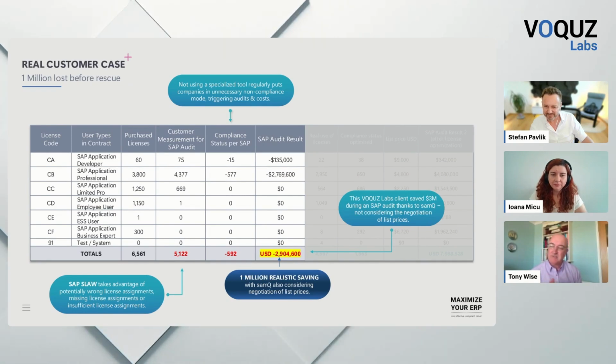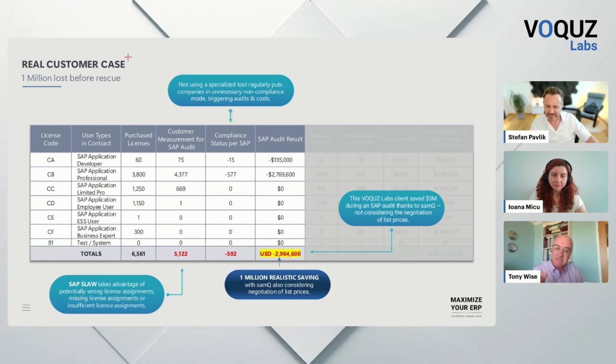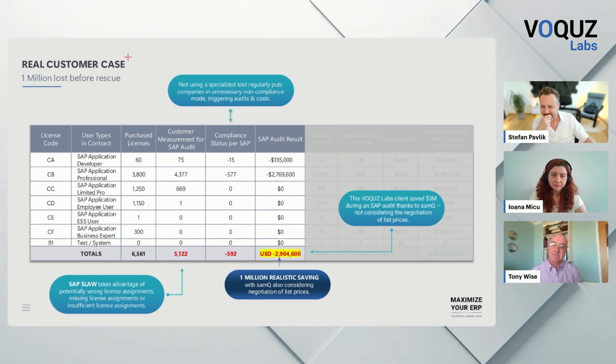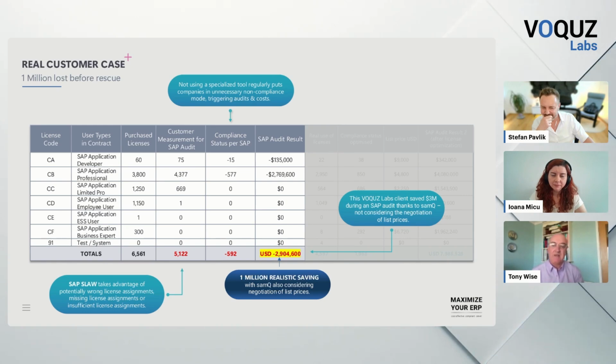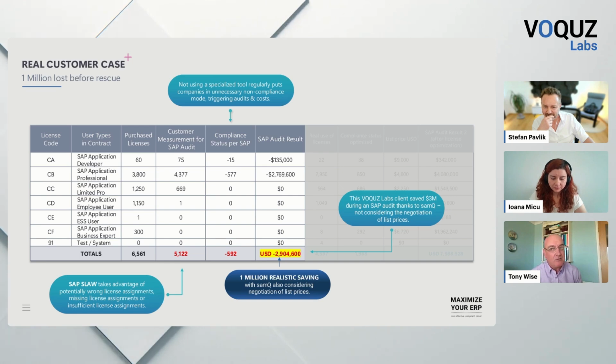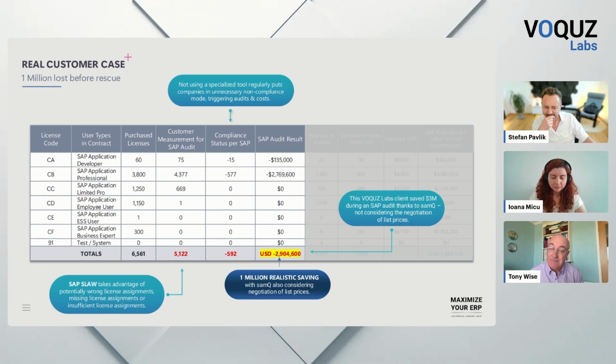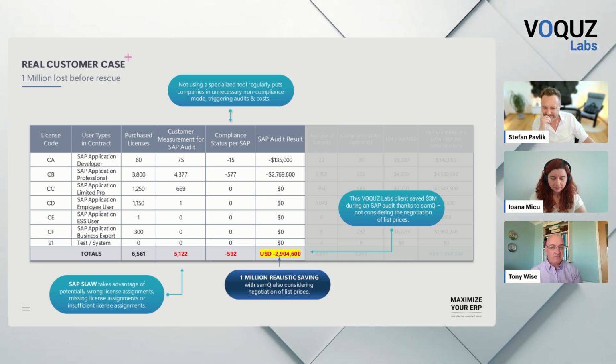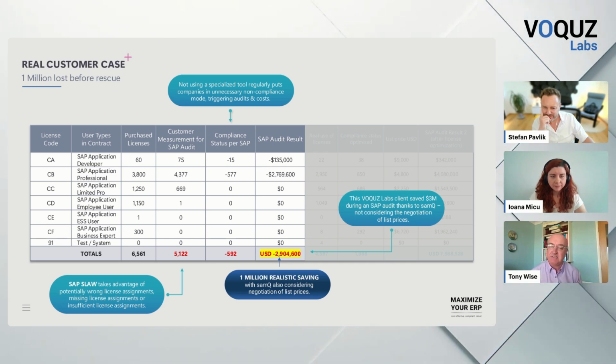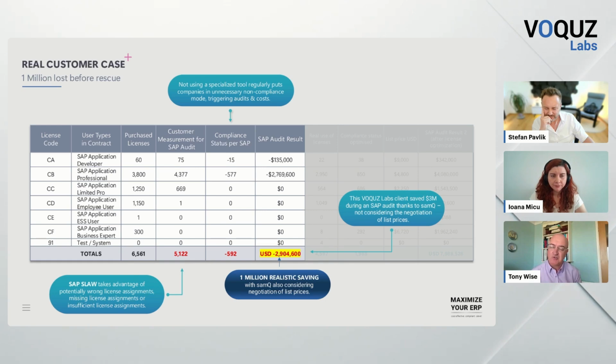So in answer to your question, Stefan, it's very easy to get to a situation where the licenses don't map to your requirements. It's also very easy for customers to misclassify their licenses because no one really keeps track of it. And even with the best of intentions, it's very easy for there to be a disconnect between the people who sign the contract and the basis team who actually make those classifications in the system.